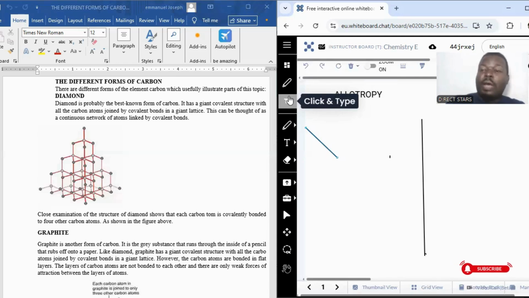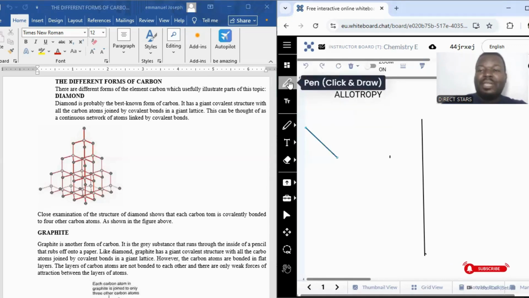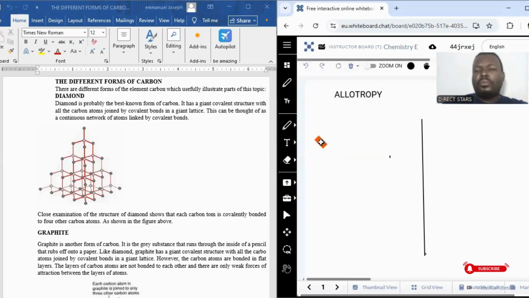And then you have the layers held together by weak forces of attraction, which we generally call intermolecular bonds. Okay, these bonds are weak. So what happens when covalent compounds are held by weak intermolecular bonds?